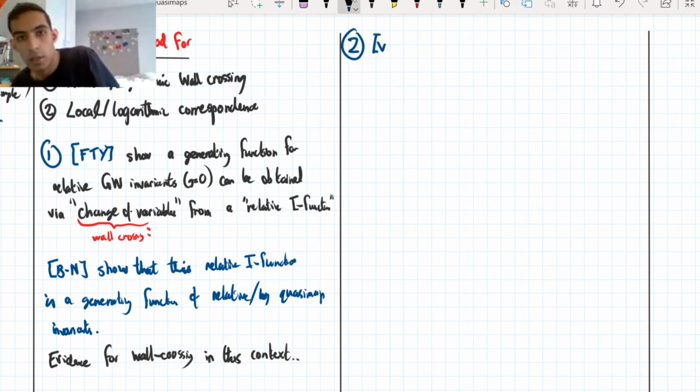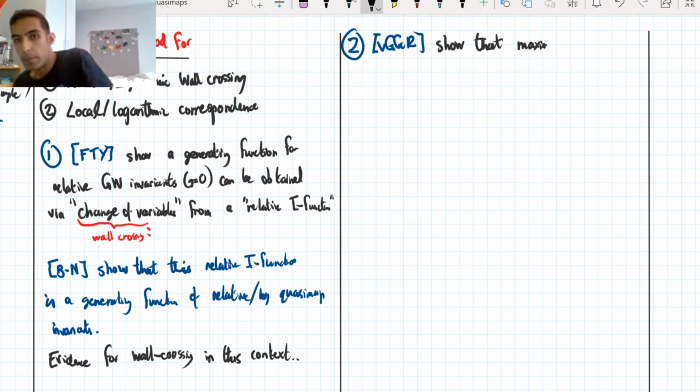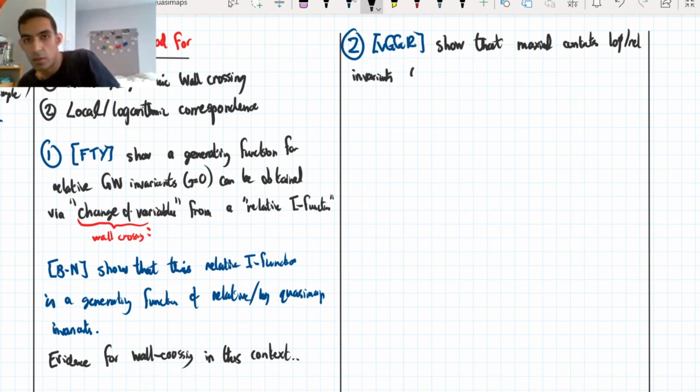So van Garrel, Graber, and Ruddat show that the maximal contact log or relative invariants coincide with something called local invariants.